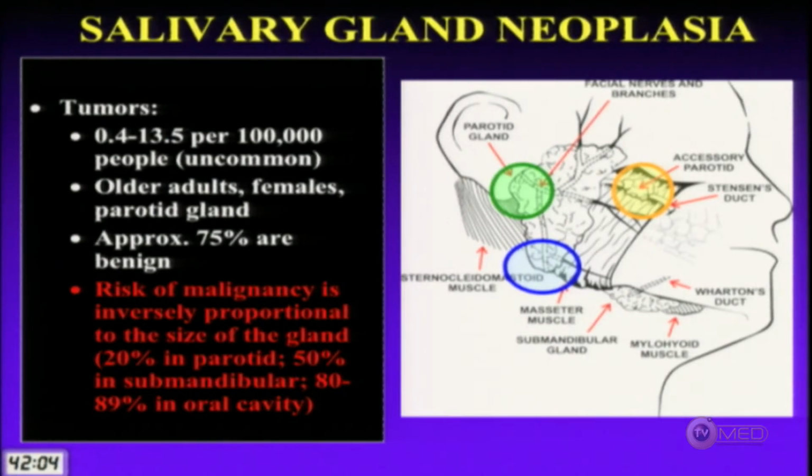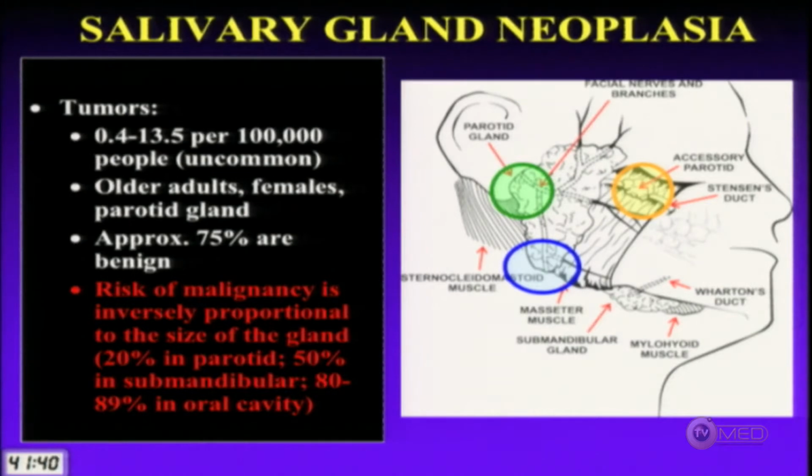As we know, in general, salivary gland tumors are fairly uncommon, although at my institution, I'm also at the Mass Eye and Ear Infirmary, and we see lots of head and neck tumors, including lots of salivary gland tumors. They are more common in older adults, in women, and especially the parotid gland, which is here anatomically.